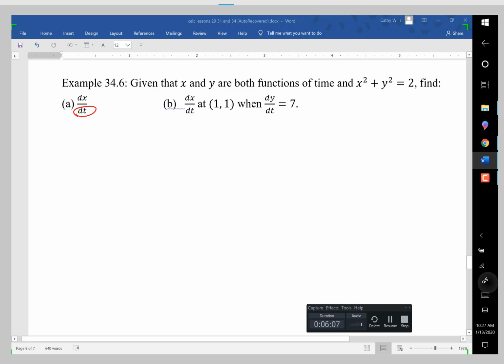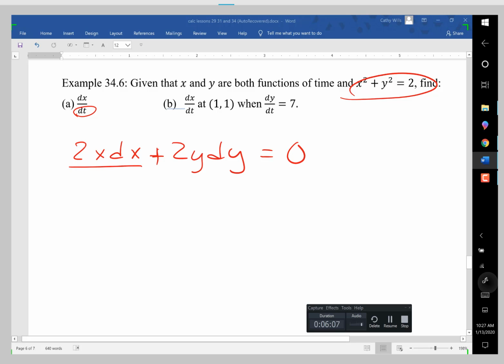We're finding the derivative of this function with respect to t, time. All right, so we do it exactly the same way. We find the differential of each thing in this equation, and then we'll divide everything by dt instead of dx or dy. So 2x dx plus 2y dy equals 0.